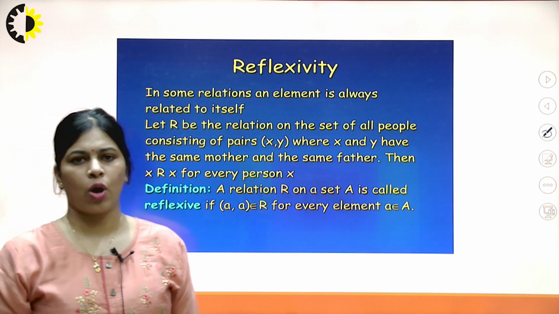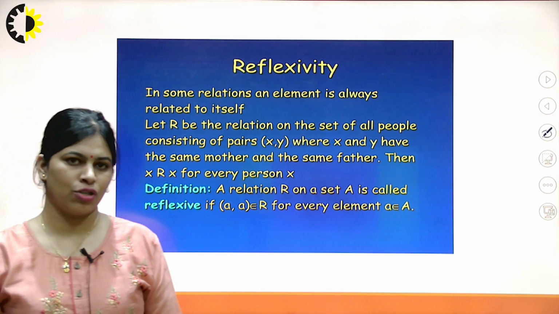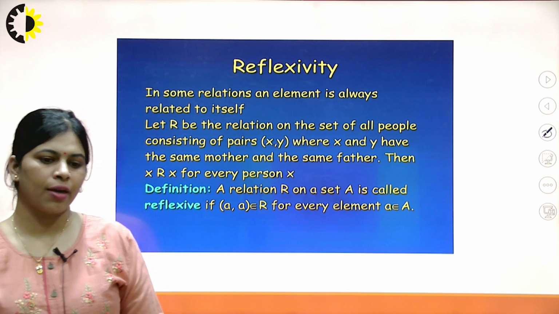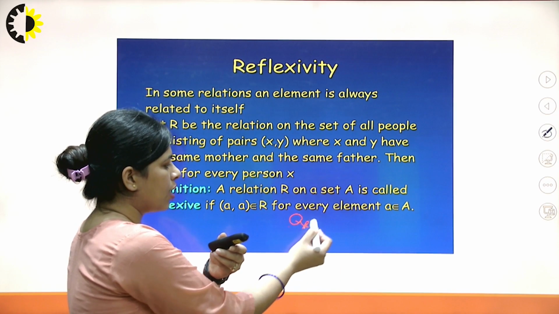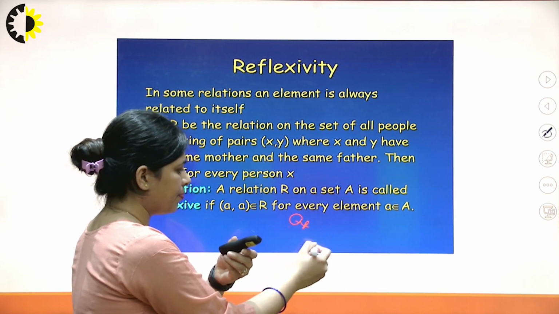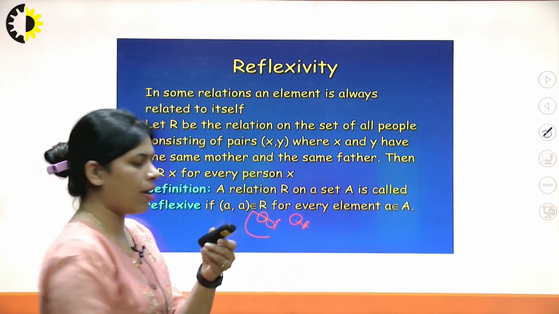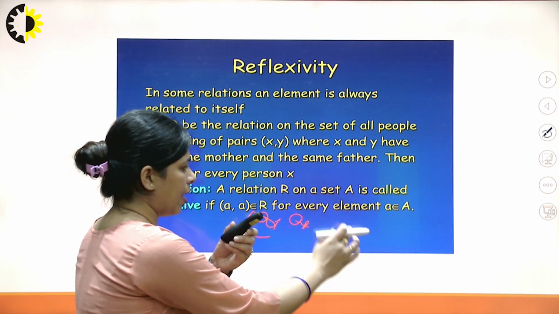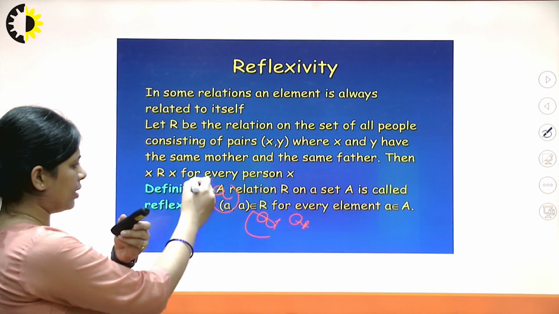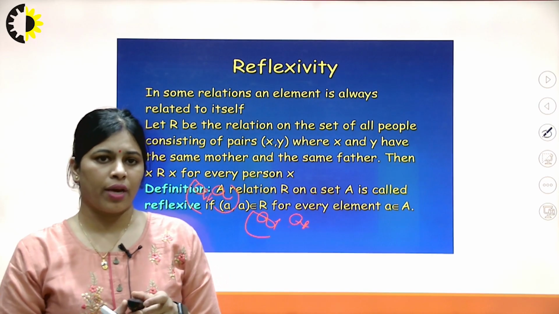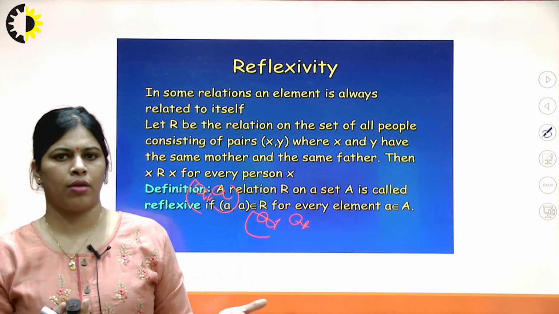If I am talking in short, if there is any ordered pair in a relation R, the ordered pair must be relatable to itself, like if any element is related with the same element, like (a, a), is called reflexive. (a, a) means if any ordered pair comes like (1, 1), (2, 2), (3, 3), (4, 4).